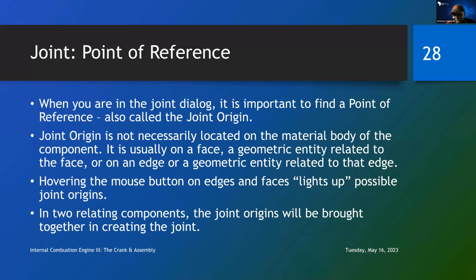For instance, if you have a cylinder, the edge of the cylinder could be the center that produces that circle. It may not even necessarily be part of that body, but that could be the joint origin that is important. Hovering your mouse on edges and faces lights up all the possible joint origins for you to pick from.